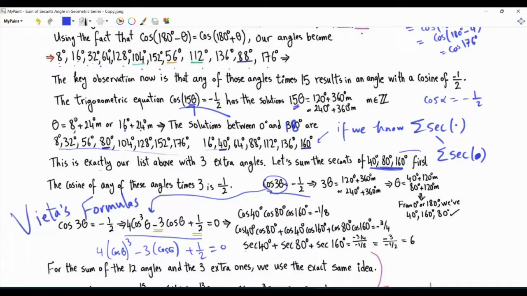Those are the angles that if you multiply by 3, the cosine will be minus 1/2. Now, according to those formulas, the product of the roots is negative this number divided by this 4 here. So cosine 40 times cosine 80 times cosine 160 degrees is minus 1 over 2 divided by 4, that's minus 1 over 8.